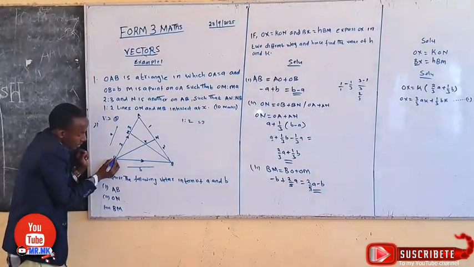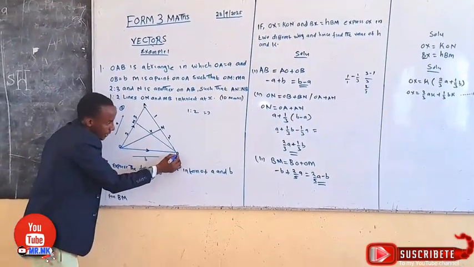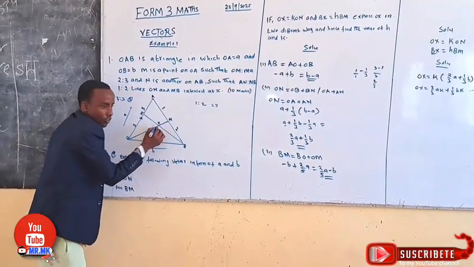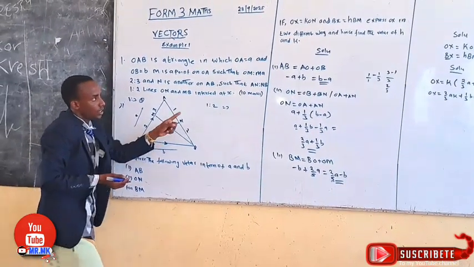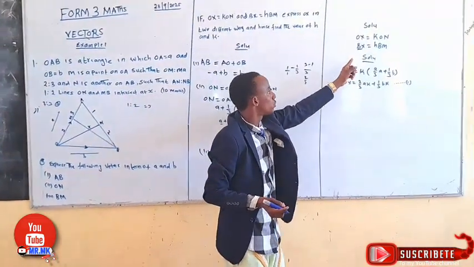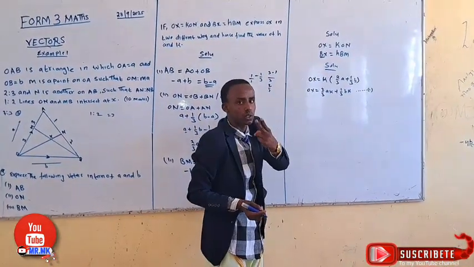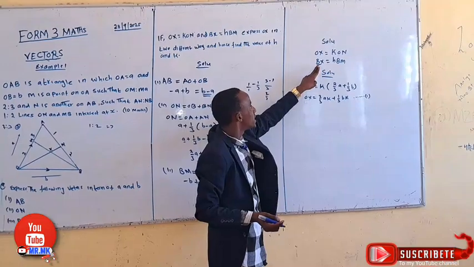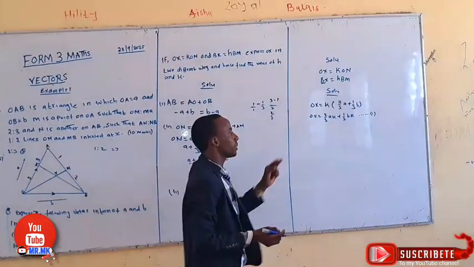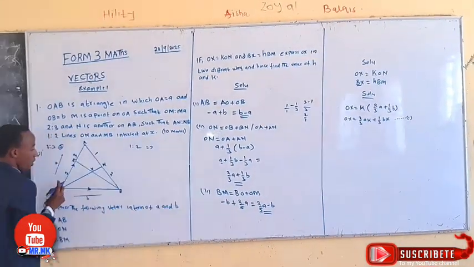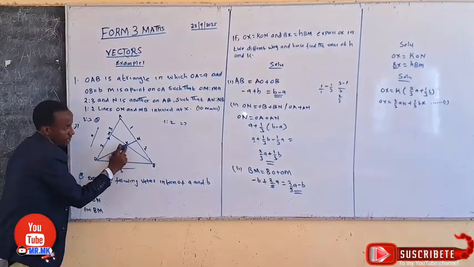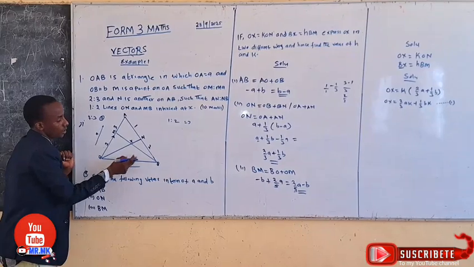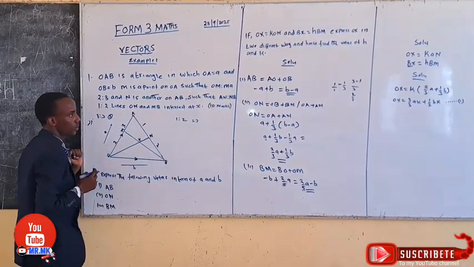So I say OB, BX. Remember, we have said that we have to express OX in such a way that you pass through BX at the same time. Going back to OB, BX, you are okay, meaning that you have passed BX that we want.